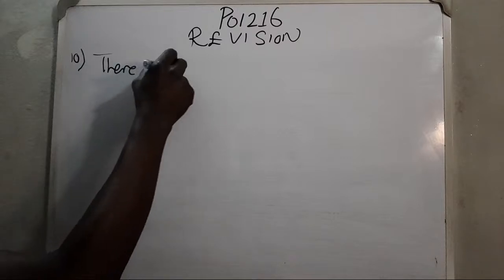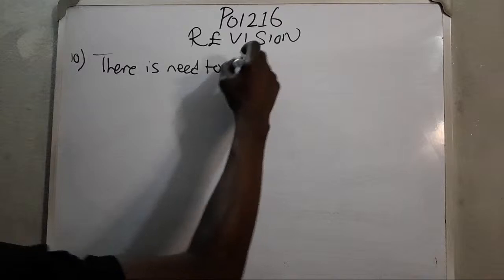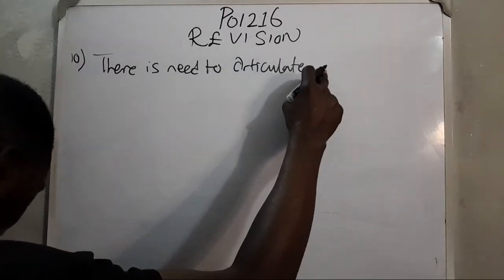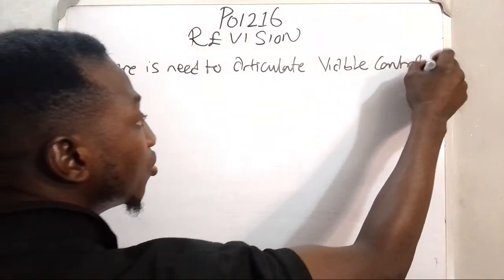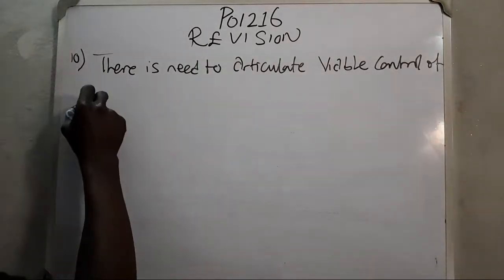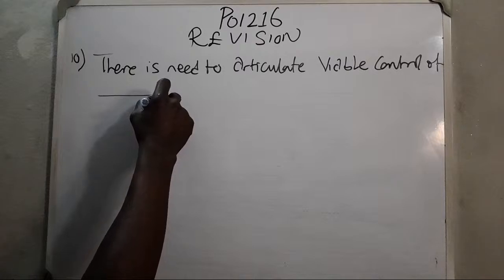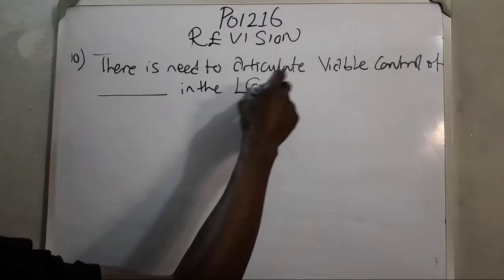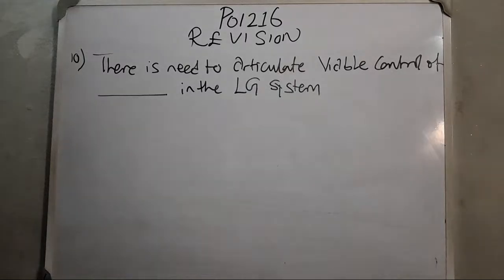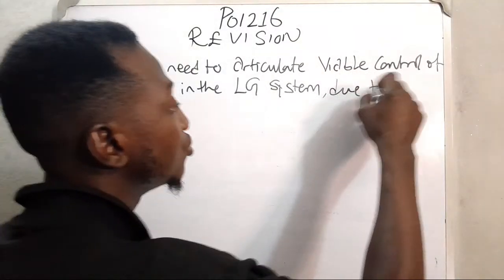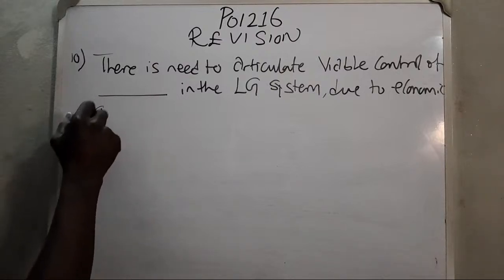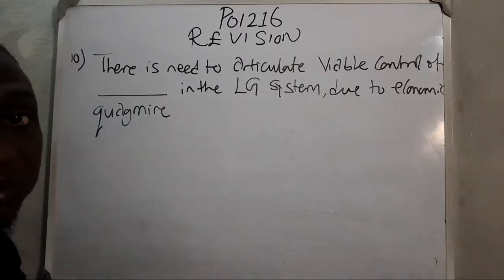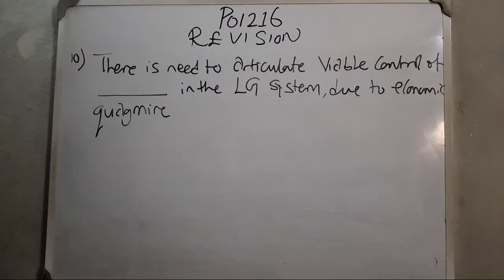There is need to articulate viable control of dash in the local government system due to economic quagmire.